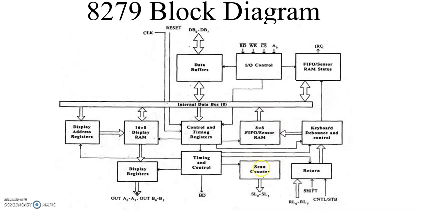The CPU interface and control section consists of data buffers, I/O control, control and timing registers, and timing and control. The scan section has only 2 operations: one is encoding, another one is decoding.